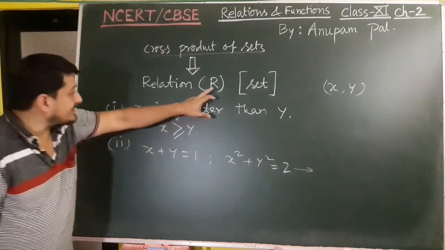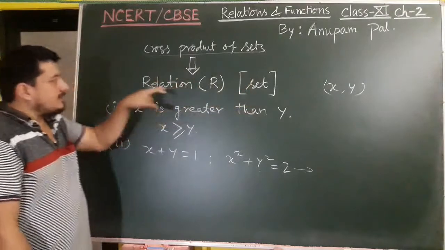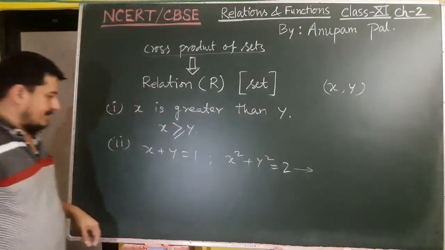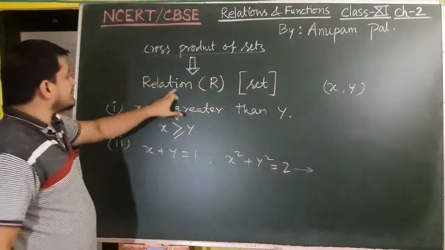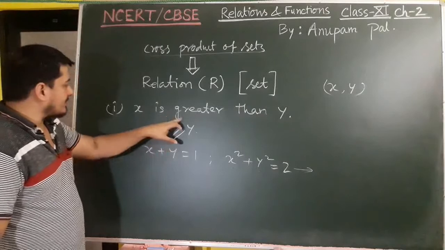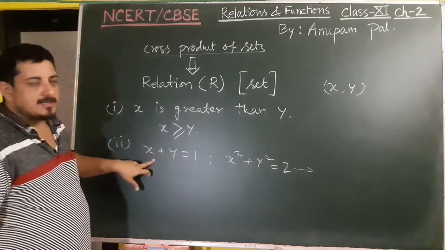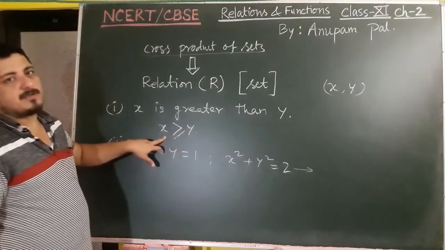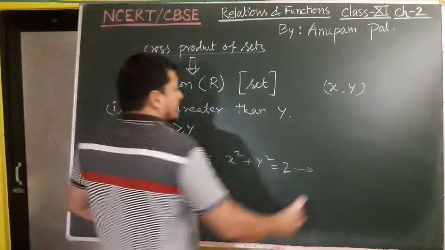But these will be a set; we shall look into what that is actually. So we write this either with a statement, or a mathematical equation, or mathematical inequalities. We shall look into it.